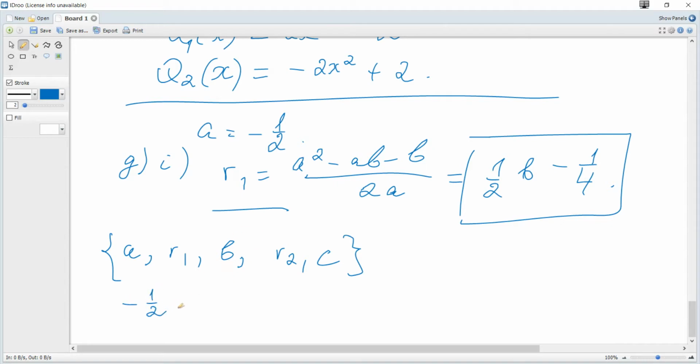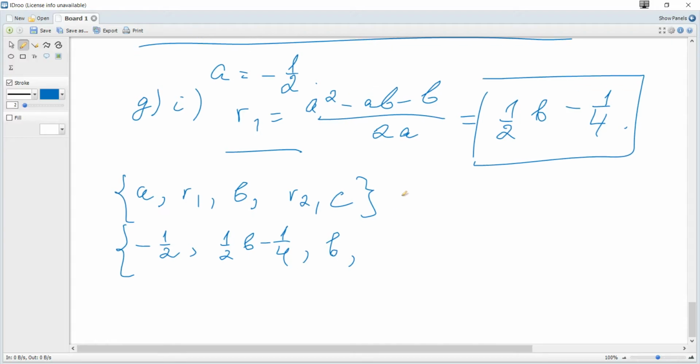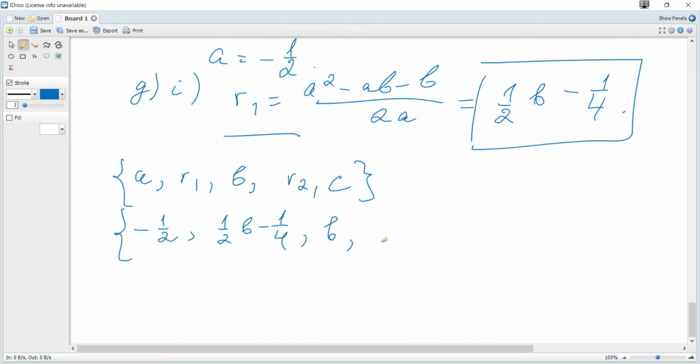Again R, R1, B, R2 and C form an arithmetic sequence, and A is negative half here. R1 is half B minus 1 over 4, and everything will be in terms of B. What is R2? We can use the previous formula, or from here we can find the common difference.